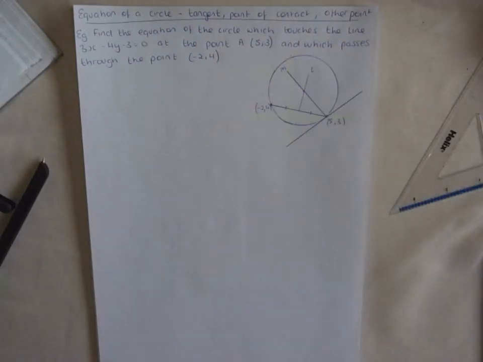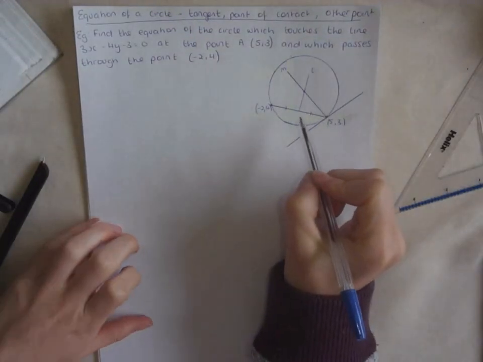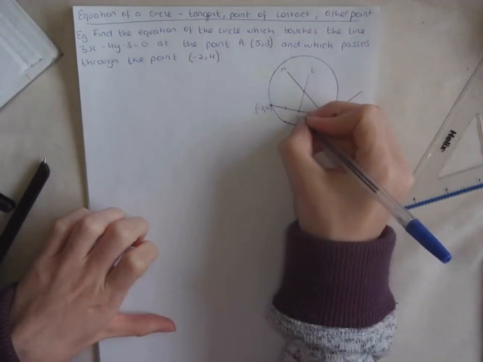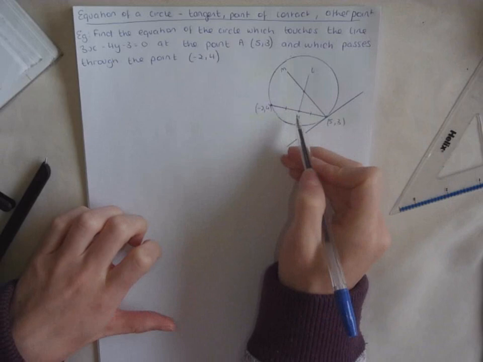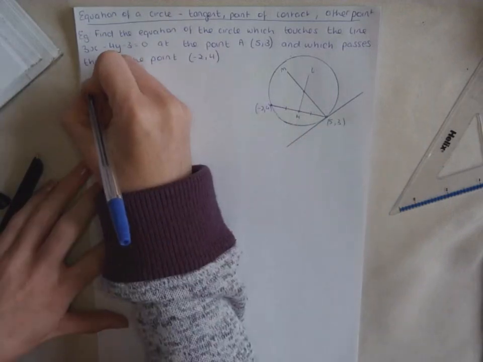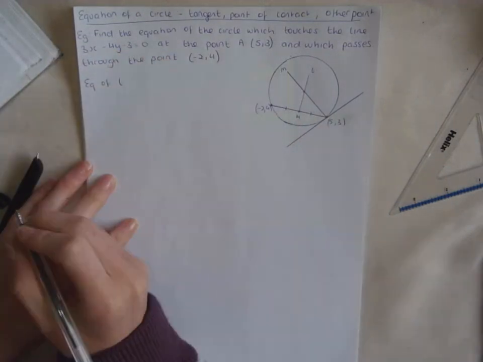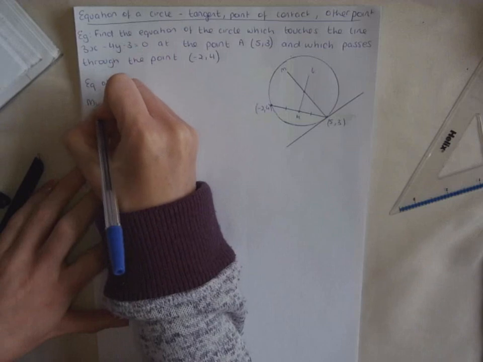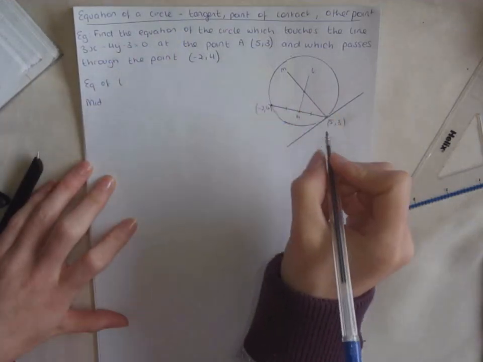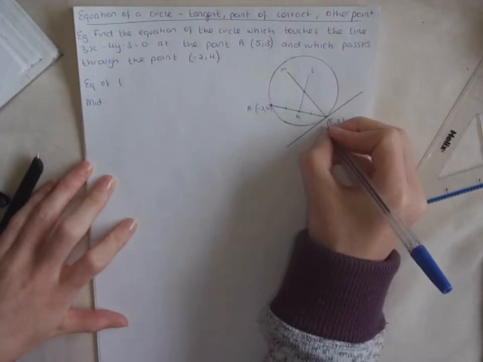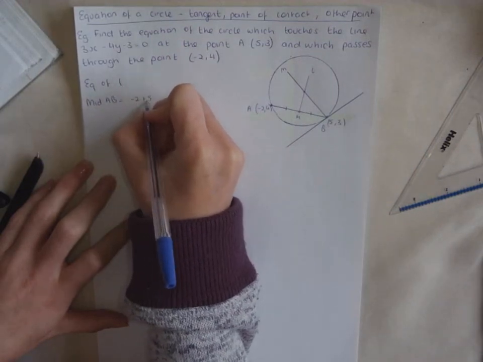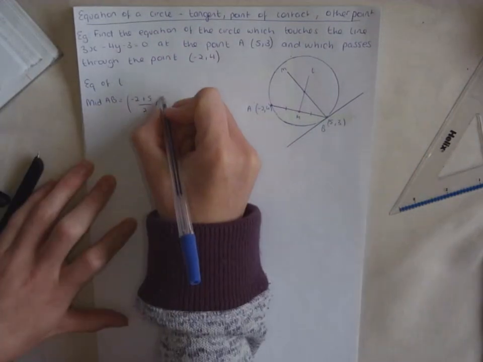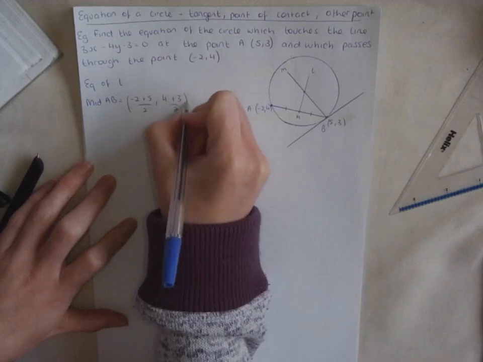So to find L, it's the same as what we did. We know this point here is the midpoint of these two, then we can get the slope, and then we can get the perpendicular slope. So for the equation of L, first we need the midpoint, and we'll call this A and this B. The midpoint of AB is x1 plus x2 over 2, and y1 plus y2 over 2.